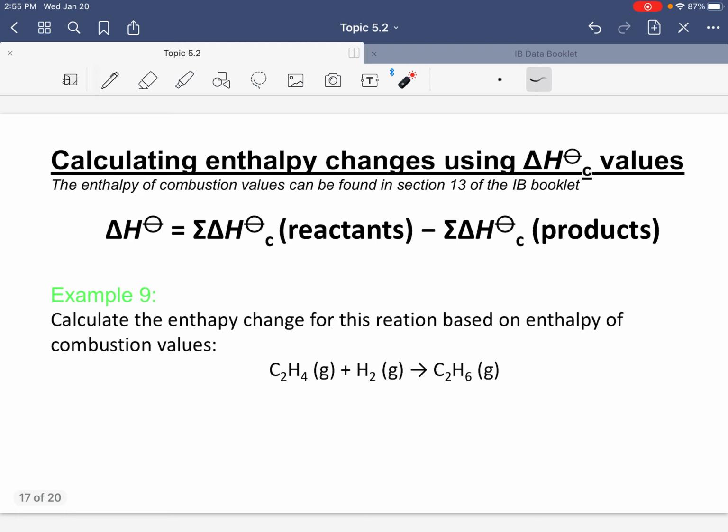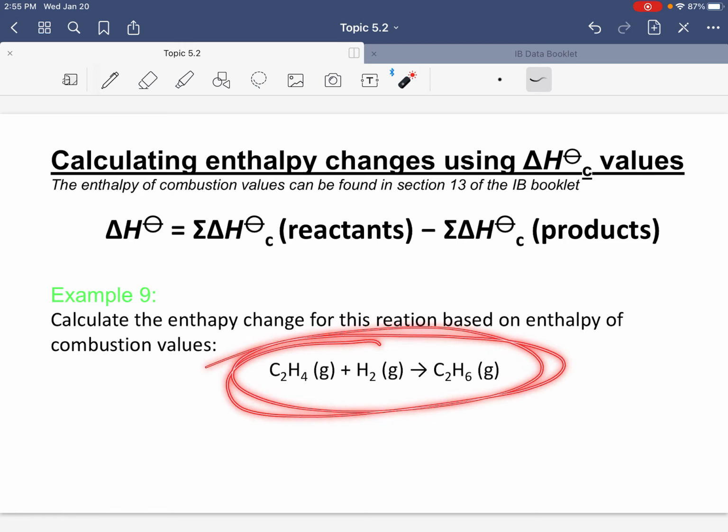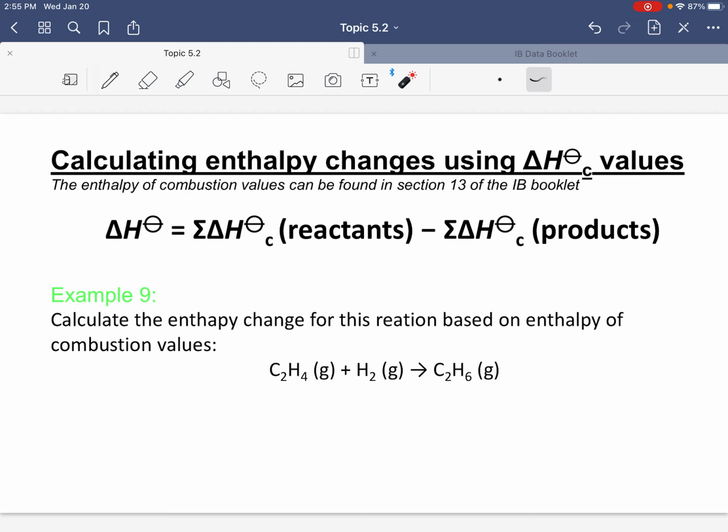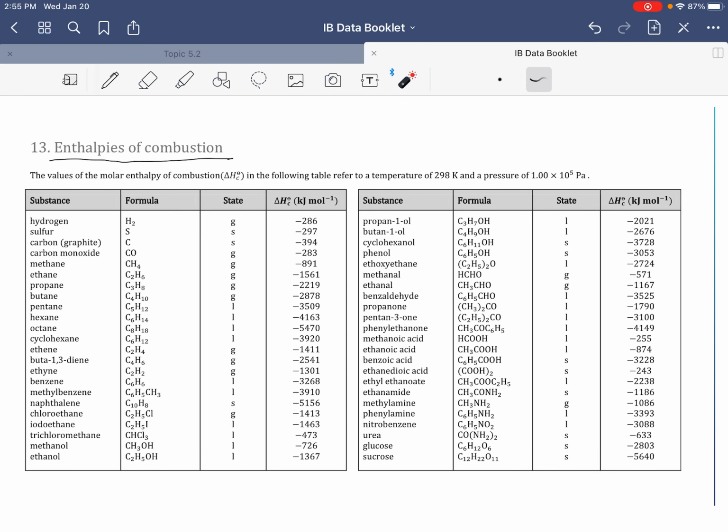On these types of questions, which are based on things that are combustible. This is combustible, this is combustible, and this is combustible. If I react two combustible substances together to form another combustible substance, I can use these combustion values to find out what delta H is.